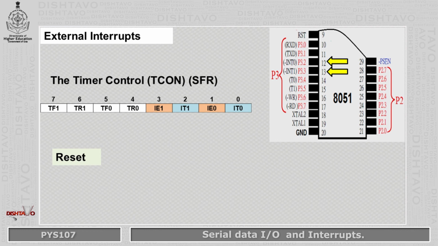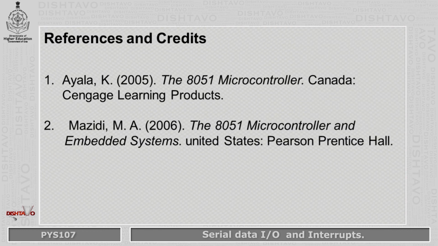A reset is an absolute command to jump to the program address 0000 and commence running the program from the beginning. Whenever a high level is supplied to the reset pin of 8051, it enters a reset condition. After the reset pin is brought low, most of the internal registers will have the default values.